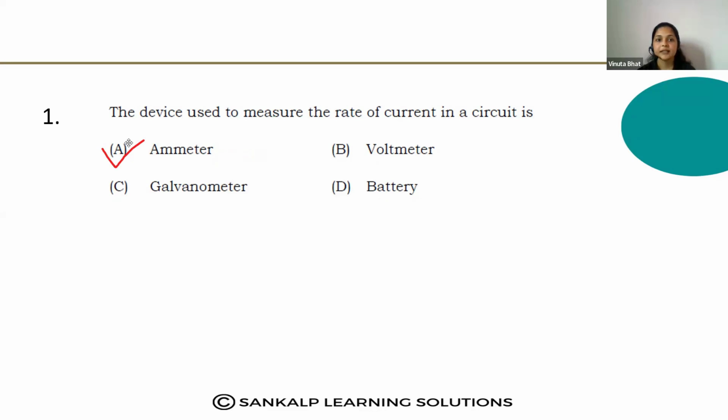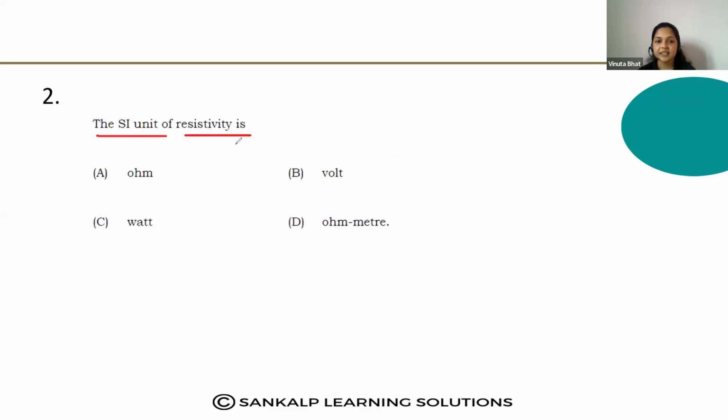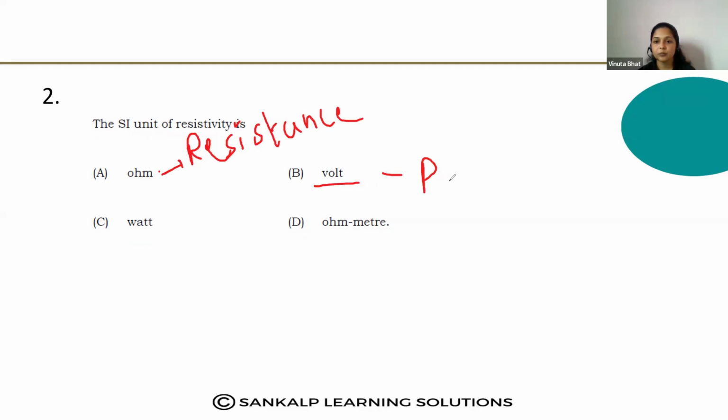Next question. The SI unit of resistivity is: option A, ohm; option B, volt; option C, watt; option D, ohm meter. Ohm is the SI unit of resistance. Volt is the SI unit of potential difference.